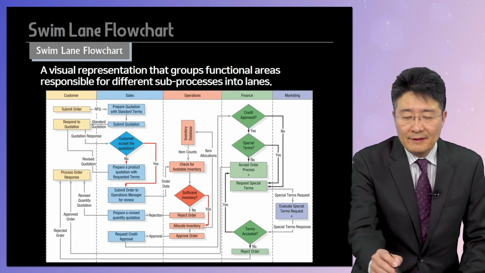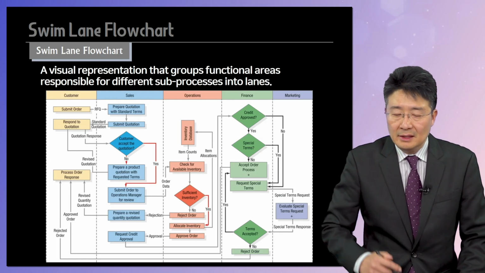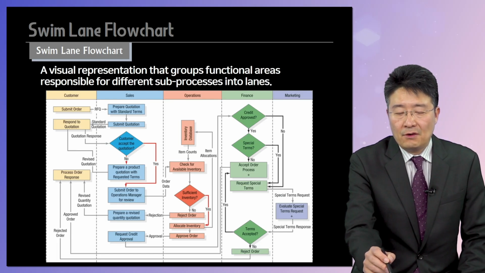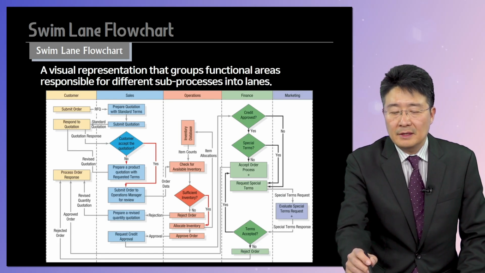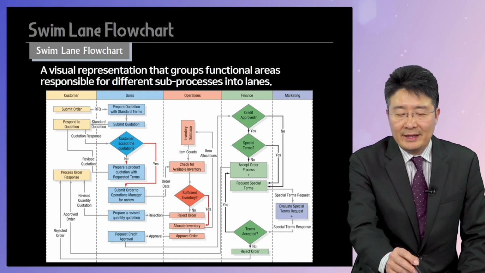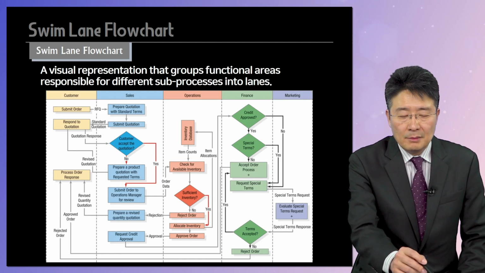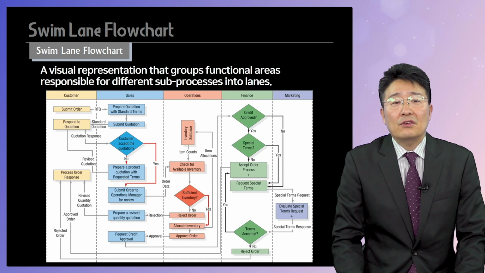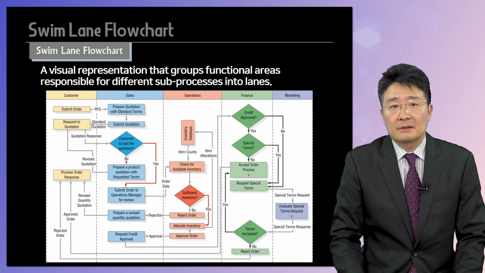This is a visual representation that groups functional areas responsible for different sub-processes. In each lane, there are different sub-processes. So this flow chart is called swim lane flow chart.